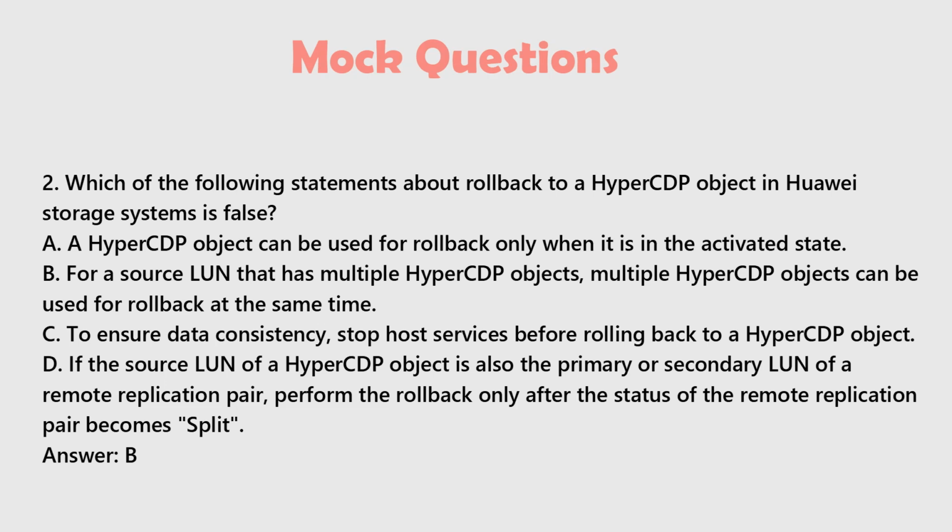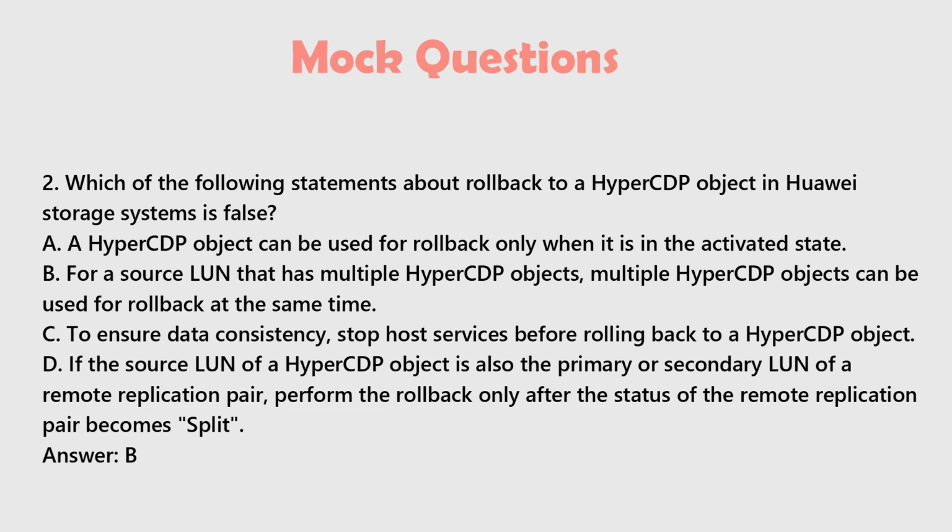2. Which of the following statements about rollback to a Hyper-CDP object in Huawei storage systems is false? A. A Hyper-CDP object can be used for rollback only when it is in the activated state. B. For a source LUN that has multiple Hyper-CDP objects, multiple Hyper-CDP objects can be used for rollback at the same time.